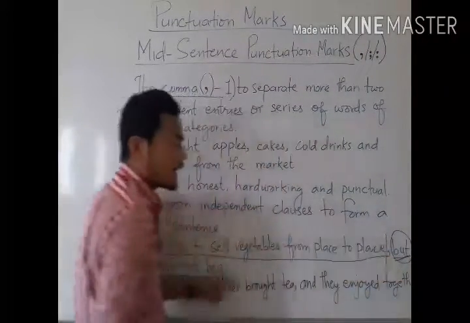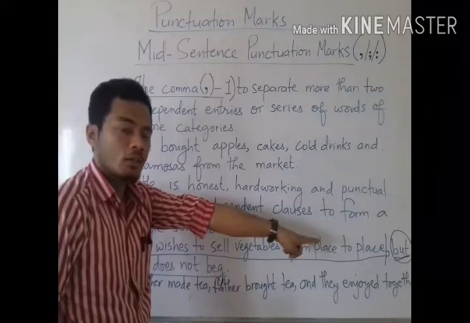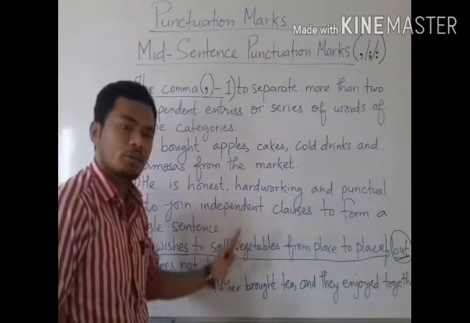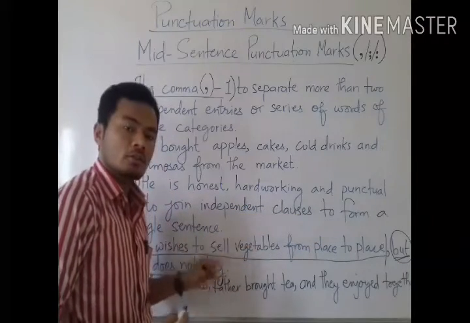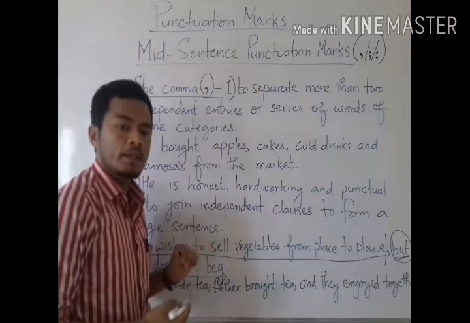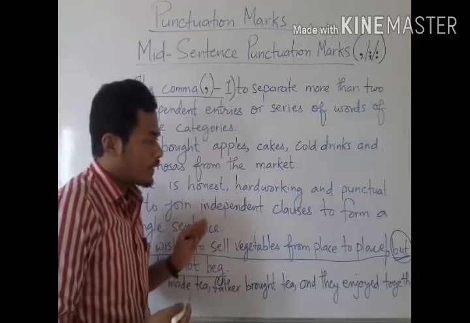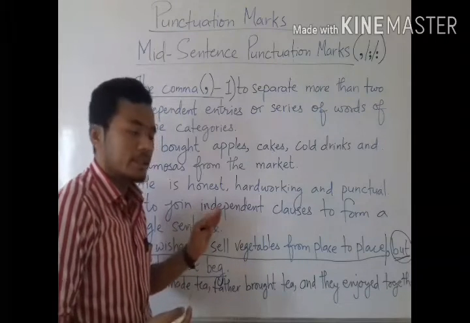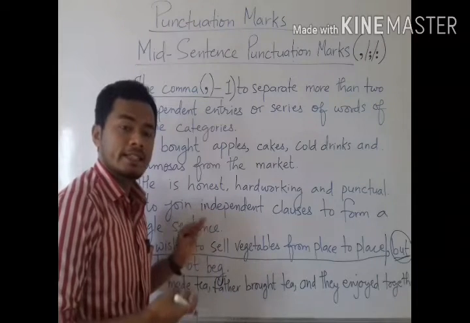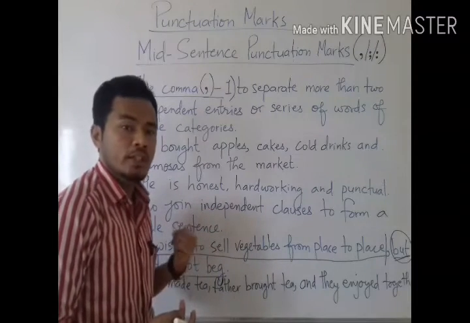But before but also I have used comma. Okay, so here we come to know that this comma has also been used to join these two independent clauses, and we come to know that this sentence is made by two independent clauses.